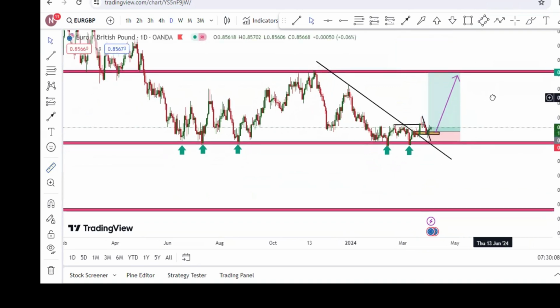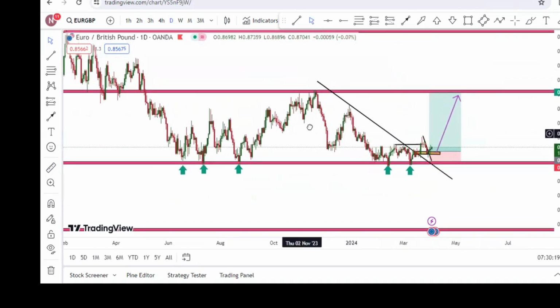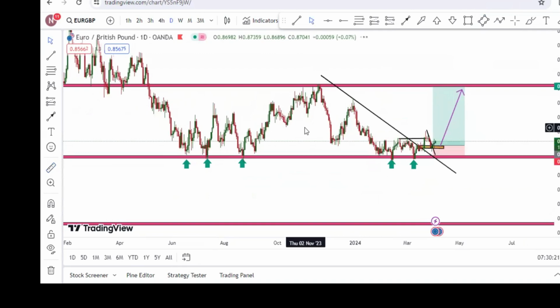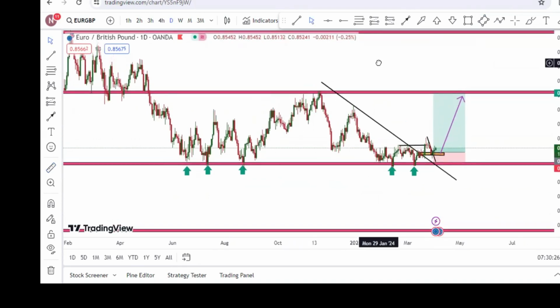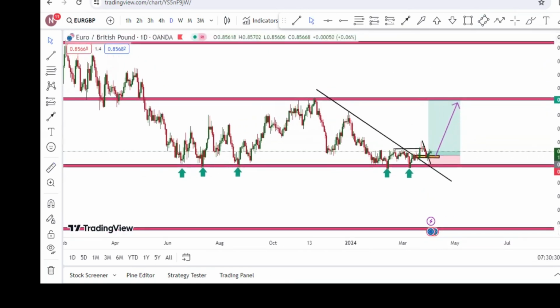Now that's a good pip. So I'm anticipating more than 100, 200 to 1,000 pips, or even more than 1,000 pips. That is how I entered this trade on Euro GBP. So let's wait and see how the market will perform on this trade.